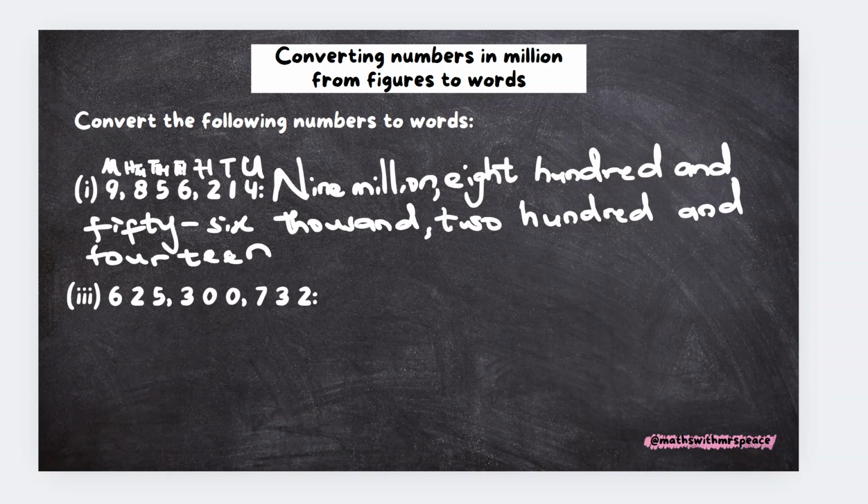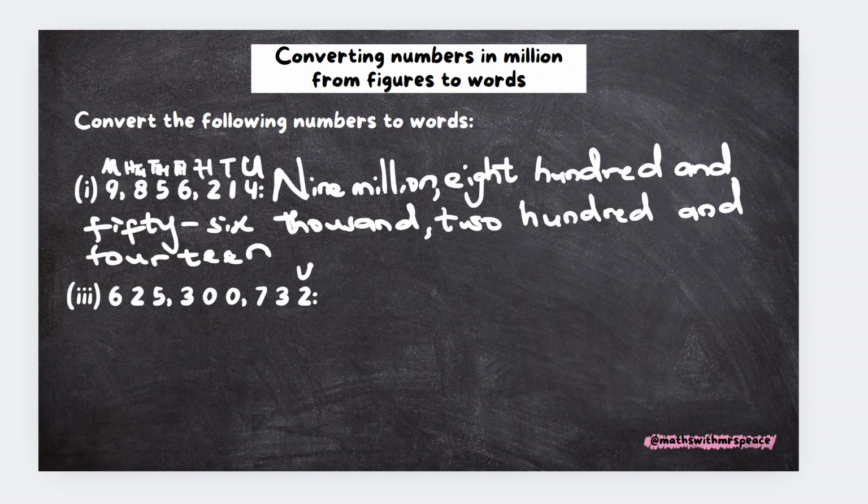Now for the next number, we're going to go ahead and write that in words as well. You notice that the first number was a number in just place value million, but you can see that this number is a number in 100 million. So let's go ahead and write our place value above it as well.